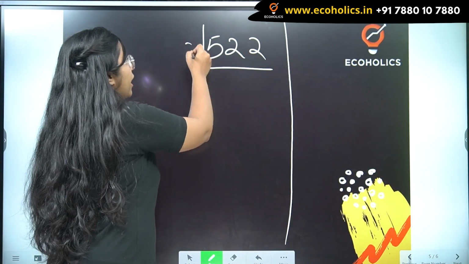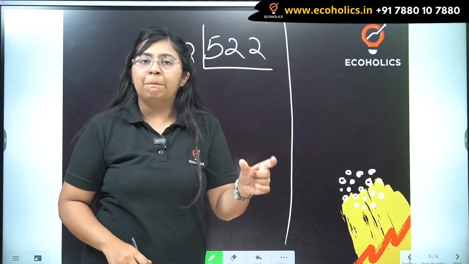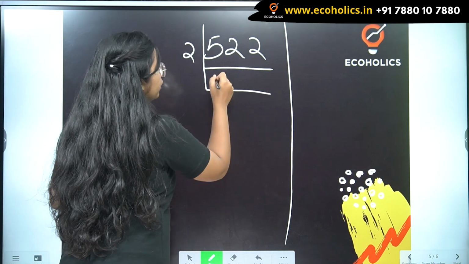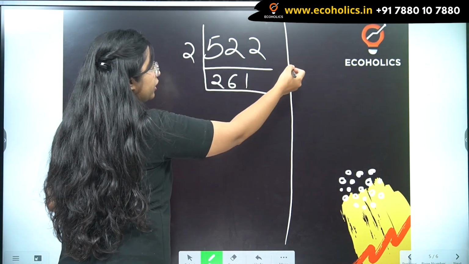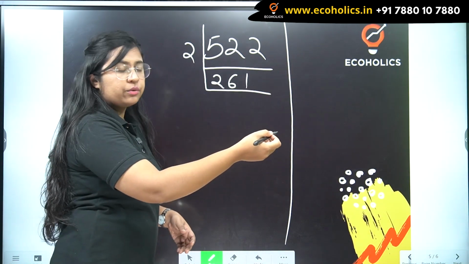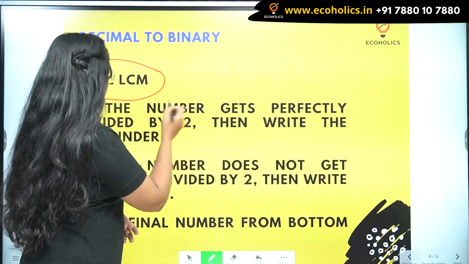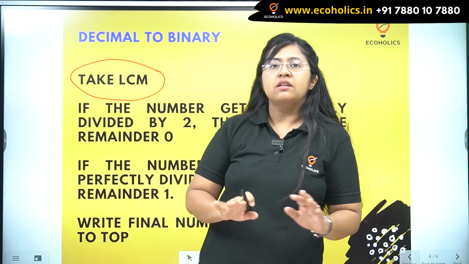Now, with what are you going to find the LCM? Only with 2, because 2 is the binary base. So 2 2s are 4, 2 6s are 12, and 2 1s are 2. So here you have nothing. So what are you going to write? If the number gets perfectly divided by 2, then you write the remainder as 0.